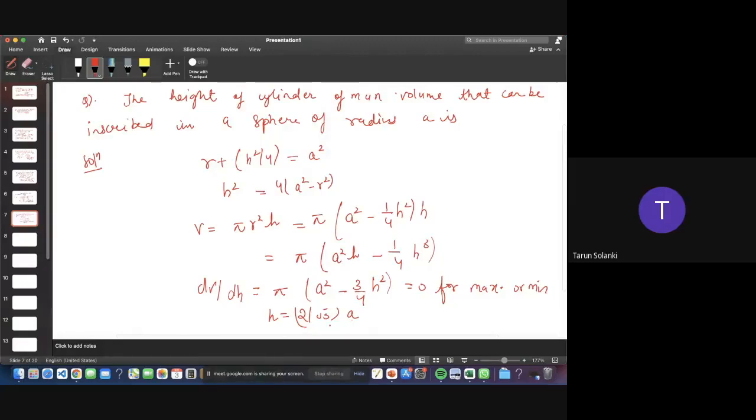So finally d²V/dh² = −6h/4 is less than 0. So for V max the h will be 2a/√3. So this is the answer.